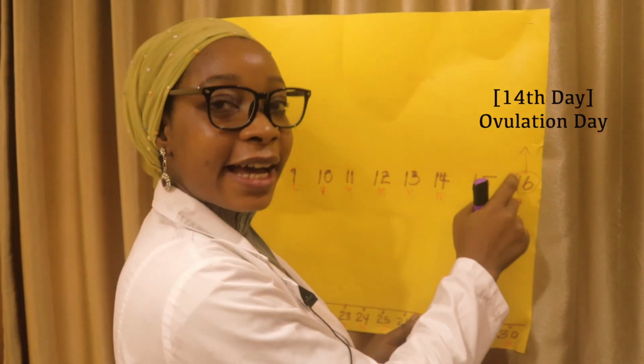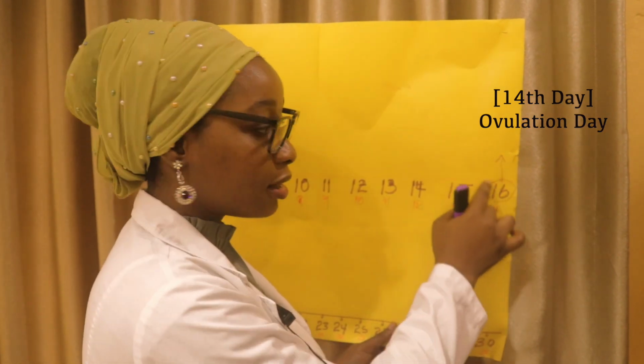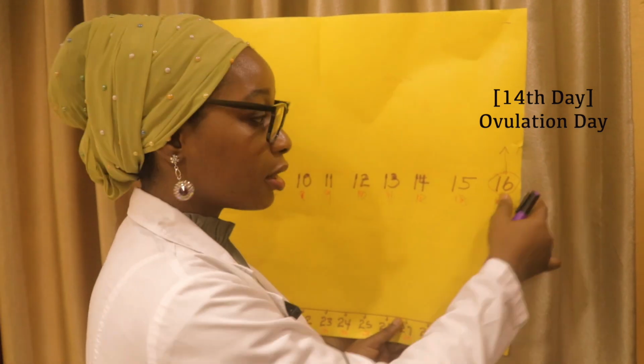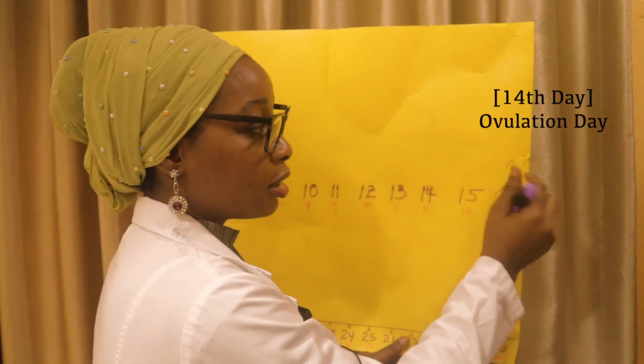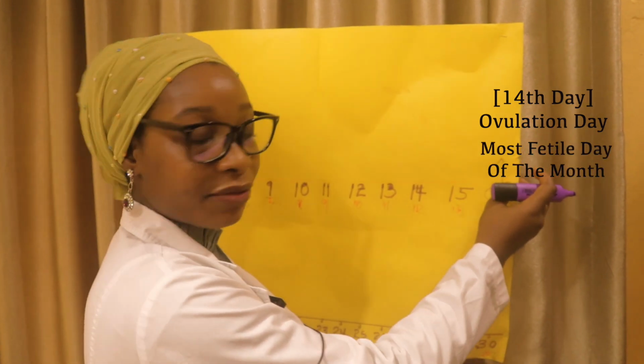There is a very high chance of conceiving if you meet your partner at this time of the month, the 14th day after the beginning of your menstrual cycle. This is the most fertile day of the month.